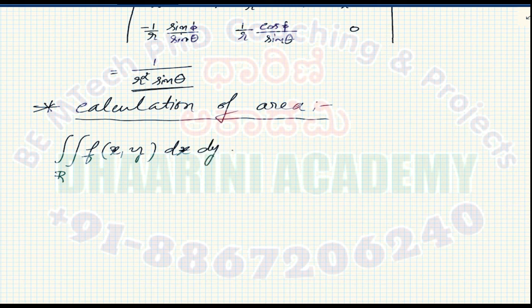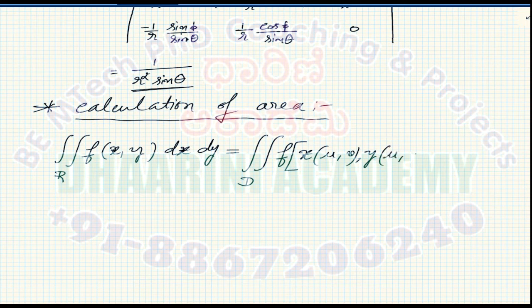The same integral can be replaced by a double integral over D. The function is written in terms of the new variables: x as a function of u comma v, and the second variable y also as a function of u comma v.